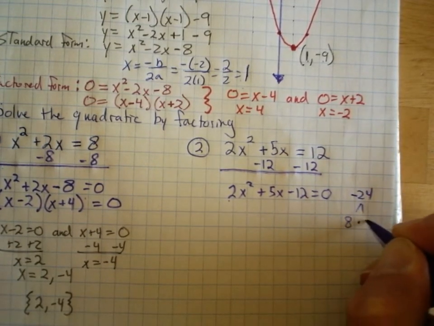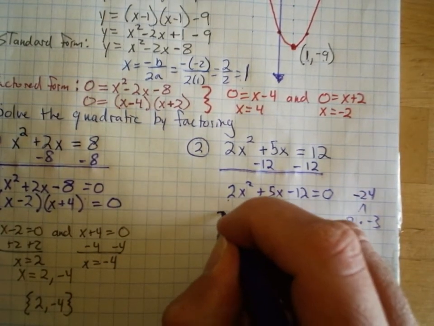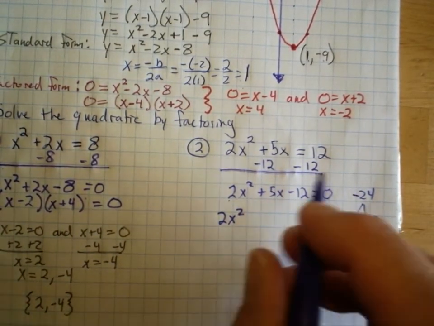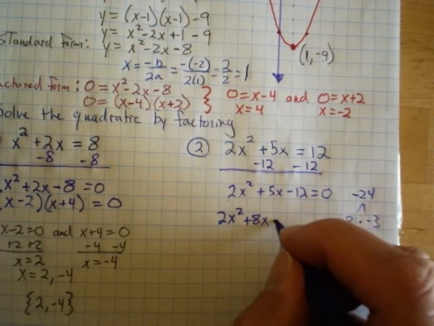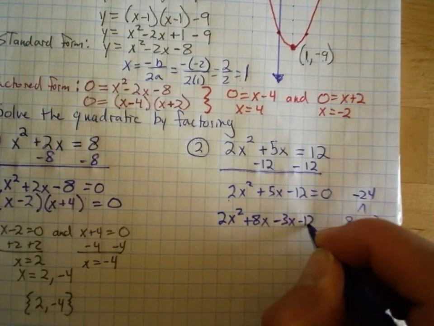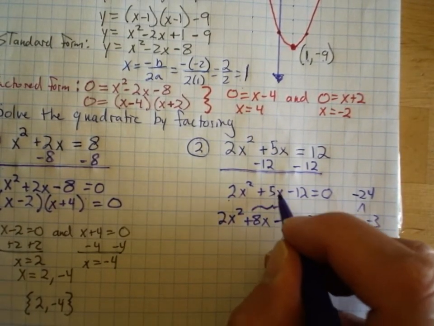So that would be 8 times -3, all right? So what you do there then is you take 2x squared, and you can do plus 8x minus 3x minus 12 equals 0, right? Because this goes back up to that.